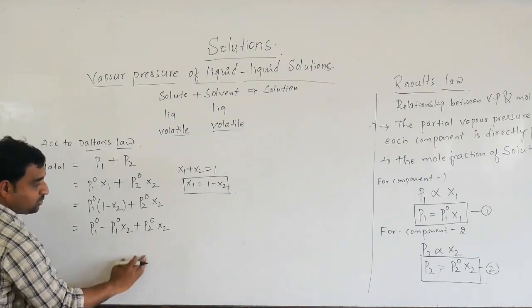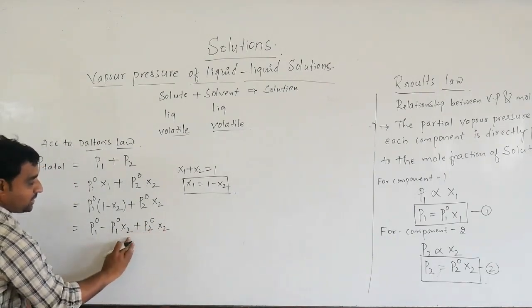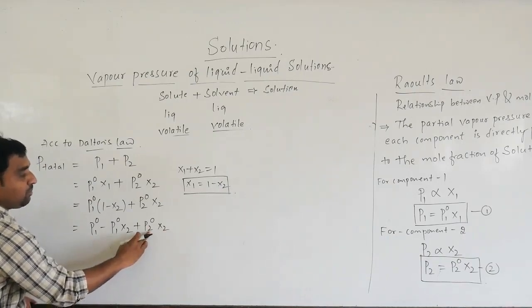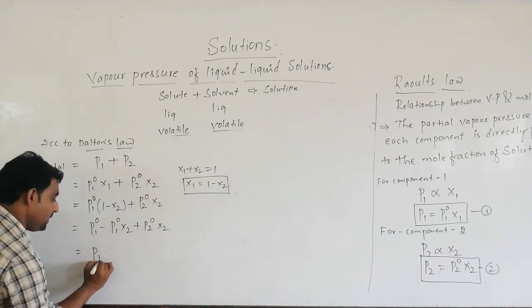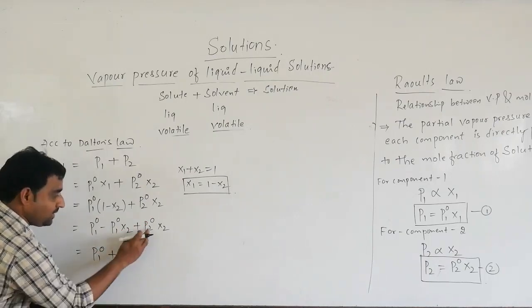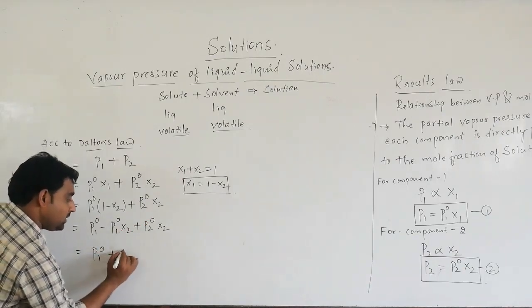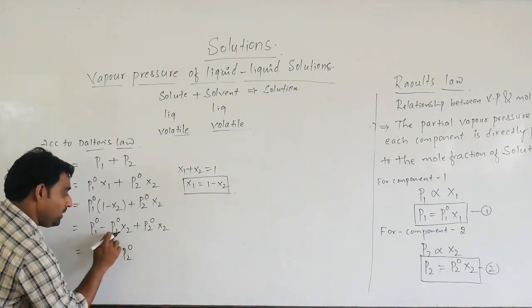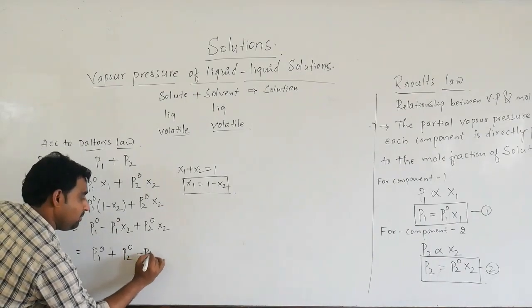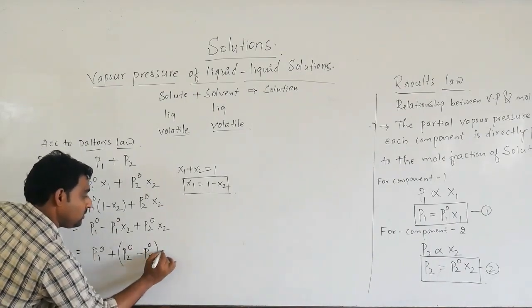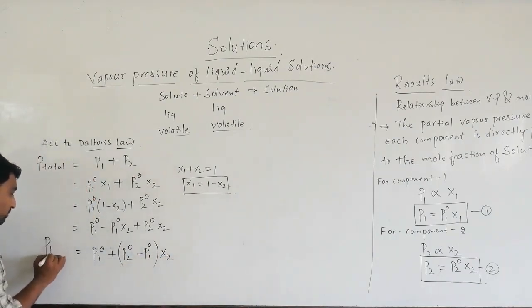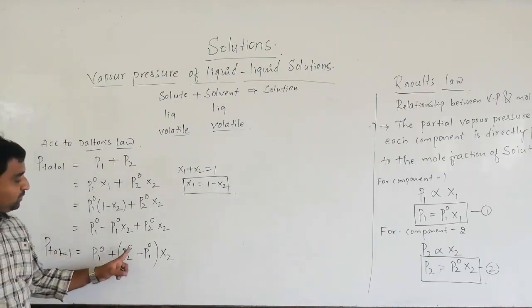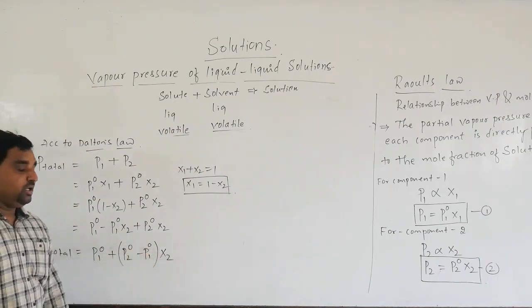Here x2 is common. You can take x2 common, and that is P2 naught minus P1 naught. So P total is equal to P1 naught plus (P2 naught minus P1 naught) into x2.